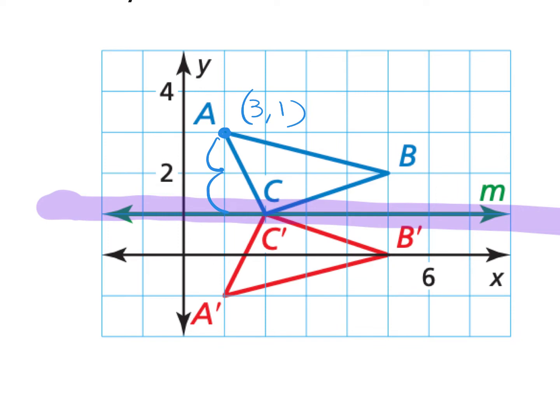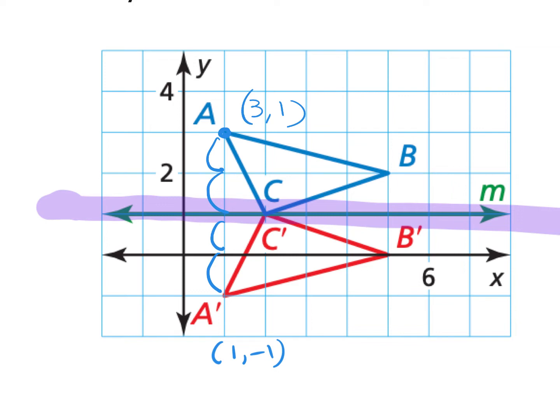So to get the new A ordered pair, I'm going to just count 2 spaces away, and then my new ordered pair for A, and then to indicate the difference between ordered pair A and the newly reflected one, they put a little apostrophe. It's called a prime mark. So it's A prime, and that new ordered pair would be 1, negative 1.